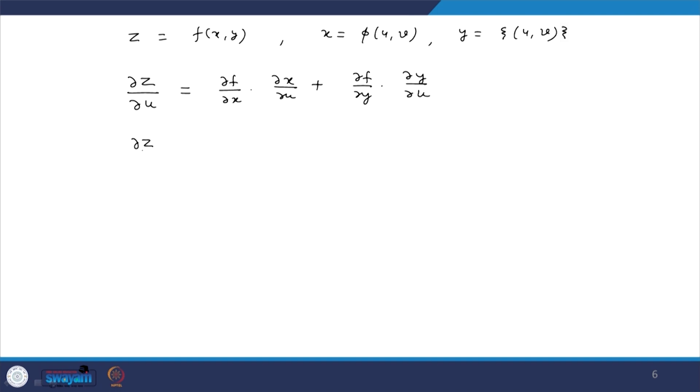Again, if you want to find out del z by del v, that also you can easily find out using the chain rule, which is del f by del x into del x by del v, plus del f by del y into del y by del v.